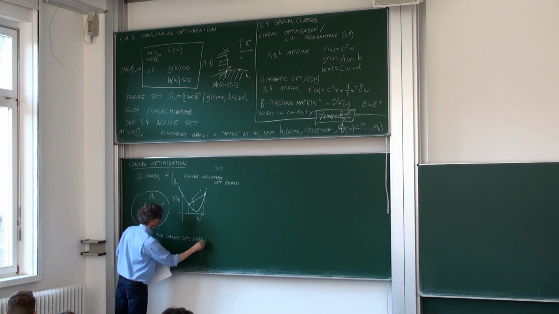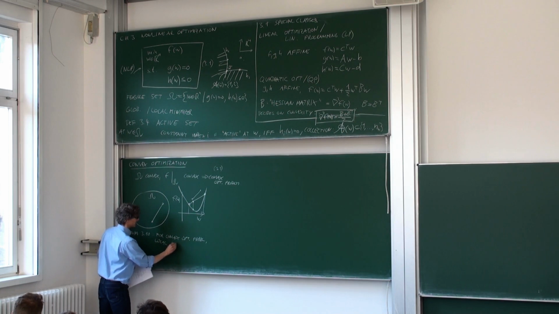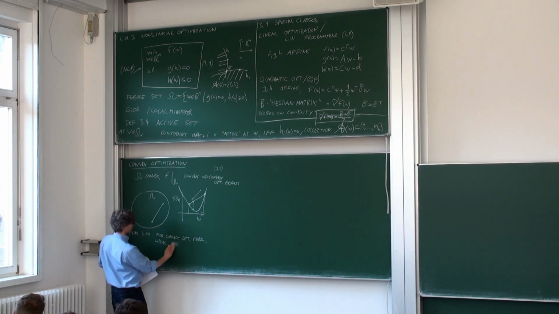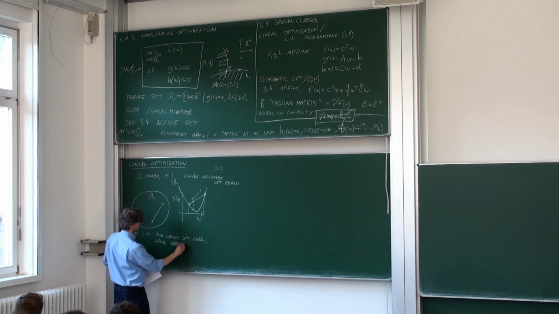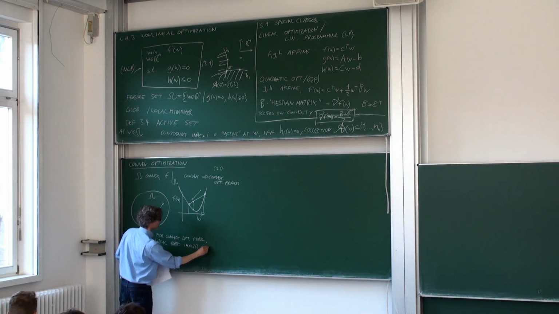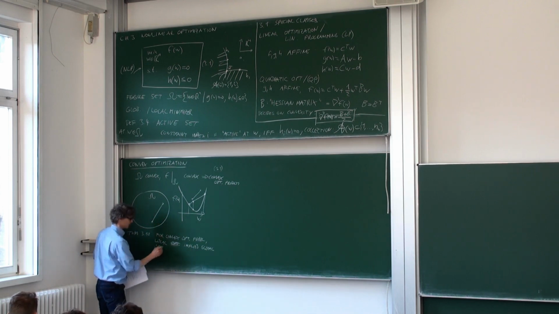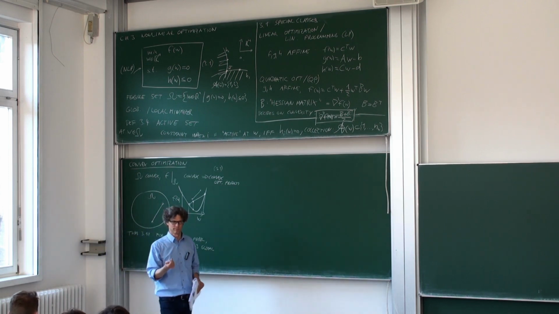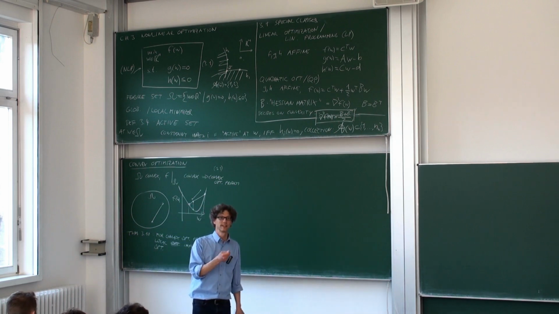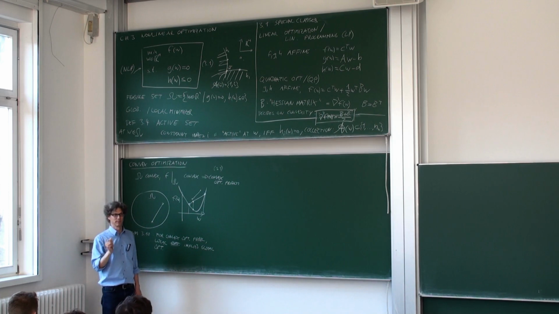That means if you have a local minimizer of a convex optimization problem, local optimality implies global optimality. That means if you have found a local minimizer of a convex optimization problem, there is the guarantee that you will have a global optimizer.